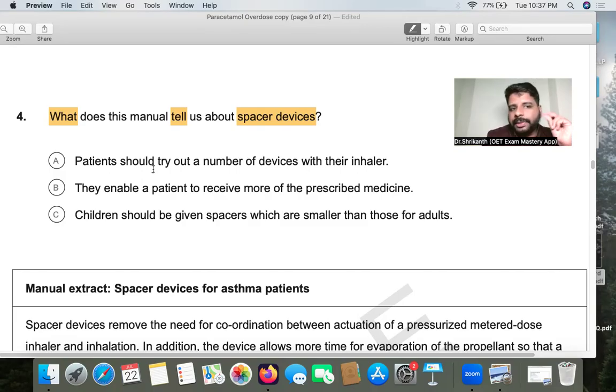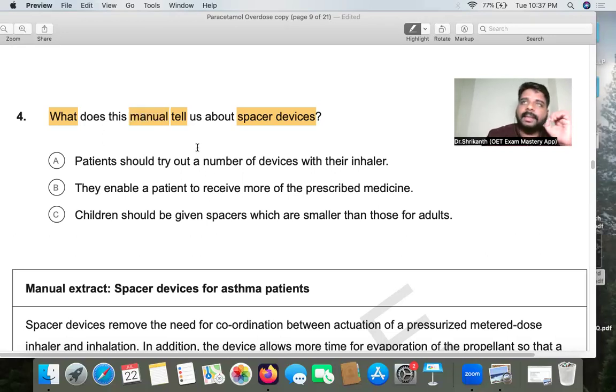Now, what is answer option A? Let's do the keyword analysis of option A. Patients should try out a number of devices with their inhaler. Here they are instructing the patients.